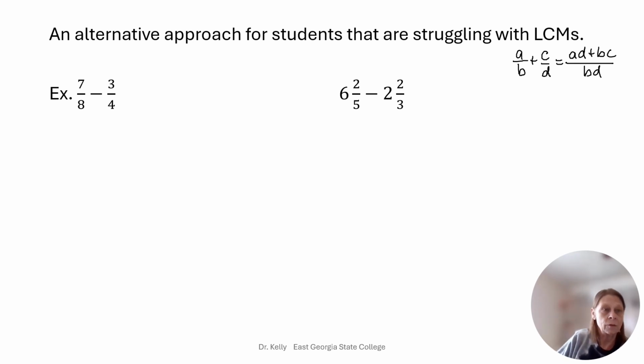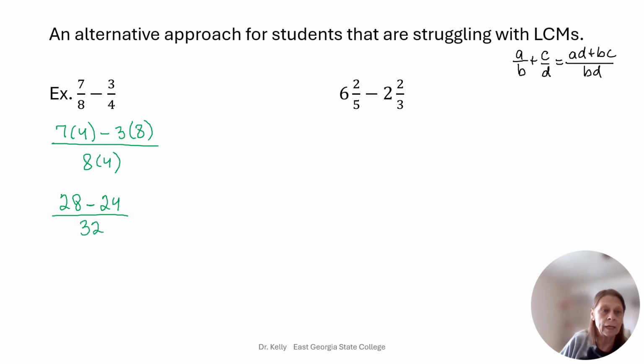All right, so this is going to be 7 times 4 minus 3 times 8 over 8 times 4. 7 times 4 is 28, minus 3 times 8 is 24, all over 8 times 4 is 32. 28 minus 24 is 4 over 32.